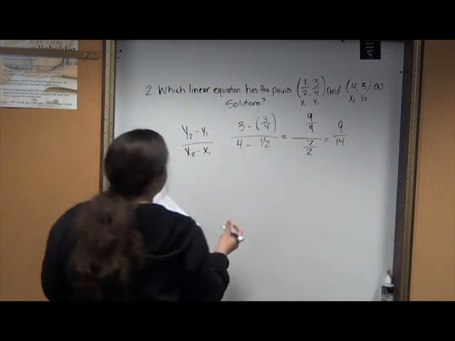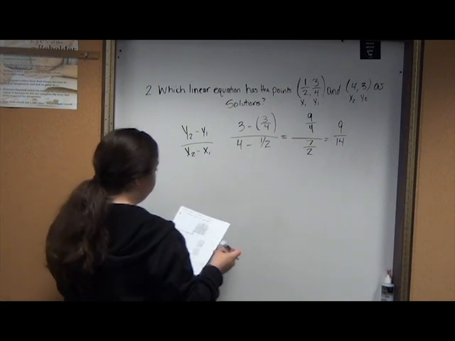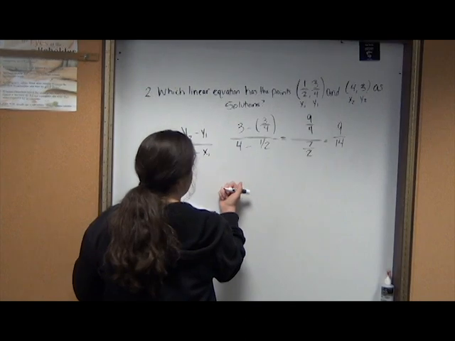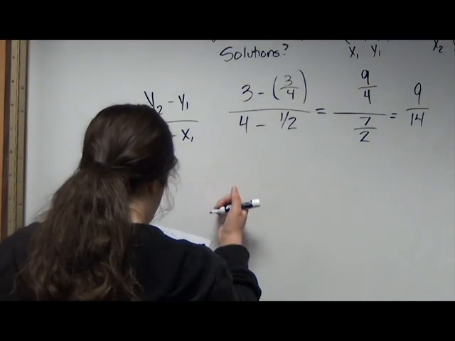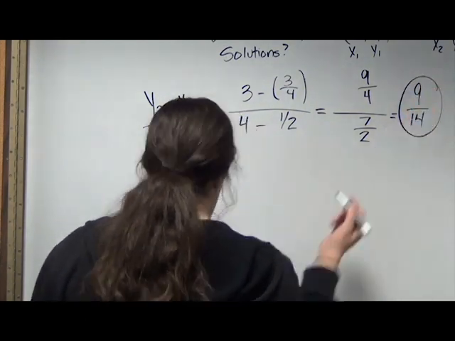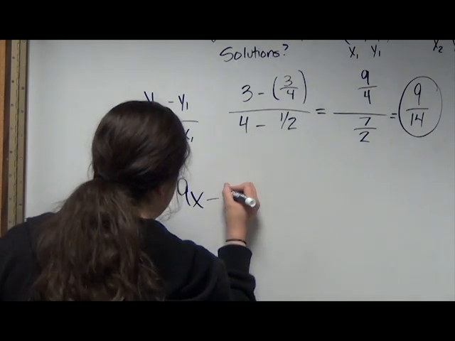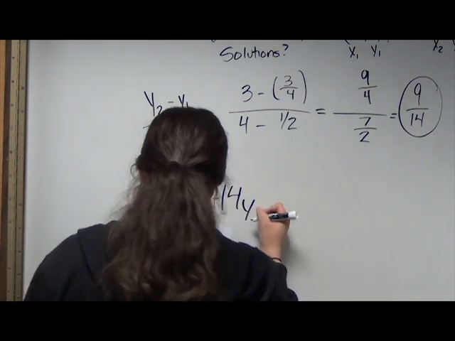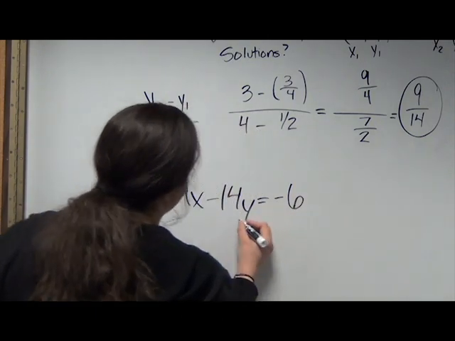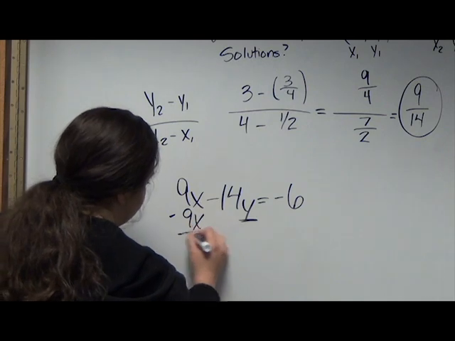So then you're going to look at the answers on the problems, and you're going to pick one. So we're going to use letter A, and you're going to put that in y equals mx plus b form to find your slope, or to show that this is your slope. So 9x minus 14y equals -6. So you're going to solve for y. So you'll subtract 9x on both sides.